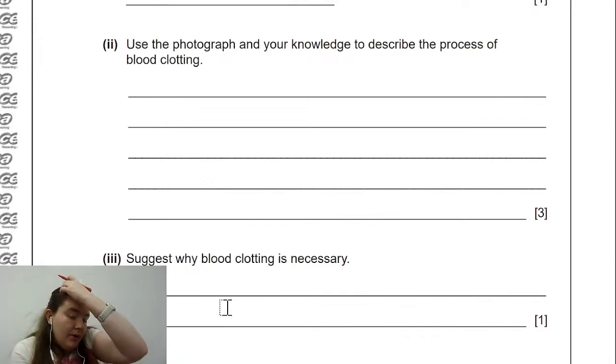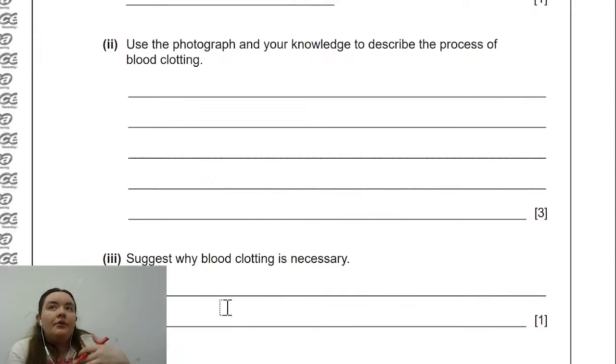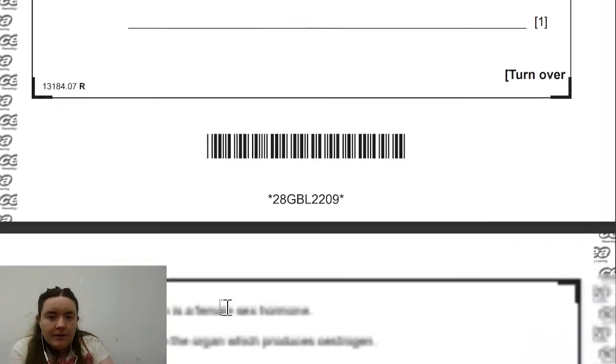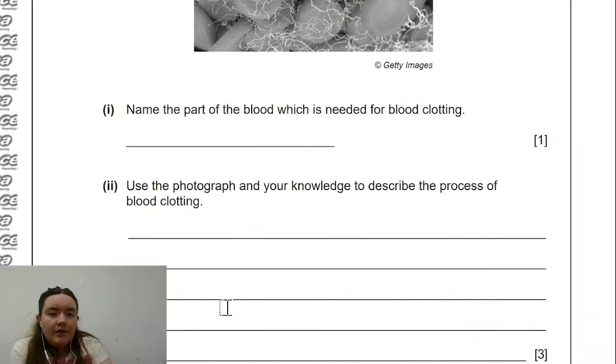So if we don't have enough blood, there isn't enough volume to carry all of those red blood cells, or there's not even enough red blood cells to get oxygen to every single cell in the body. So if we don't have enough blood, we die from oxygen starvation, effectively, we bleed out. So blood clotting is necessary so as not to lose blood and ensure that all of the cells in the body get oxygen. So that's the end of question 3, which is another really short question.